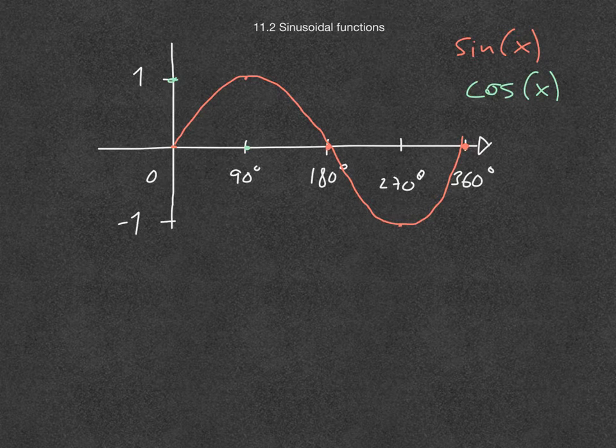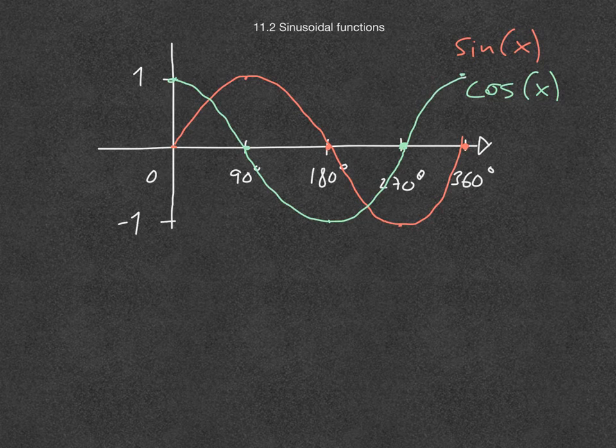Cosine of 180 degrees is -1, and again 0 at 270, and cosine of 360 degrees is 1 again. So sort of the opposite of the sine function. And this is one period of each of the two functions. And it continues like this, so you can just add multiples of 360 degrees and you'll get this pattern.